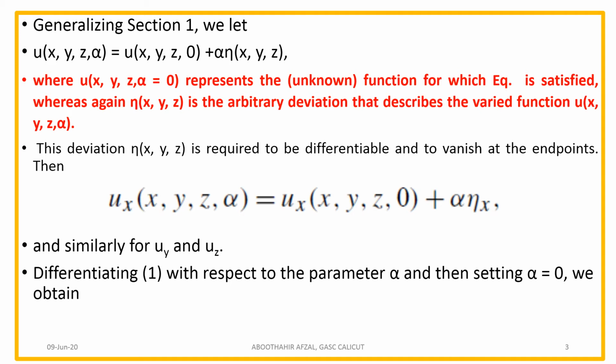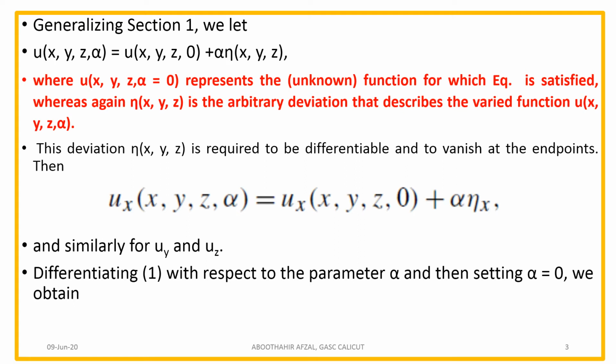we have expressed y of x, alpha in terms of y of x, 0 plus alpha into eta, where alpha is a coefficient or a scaling factor and eta is a function depending on the difference in y, delta y.